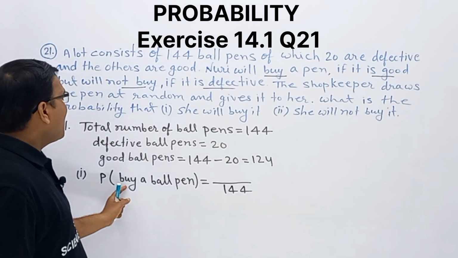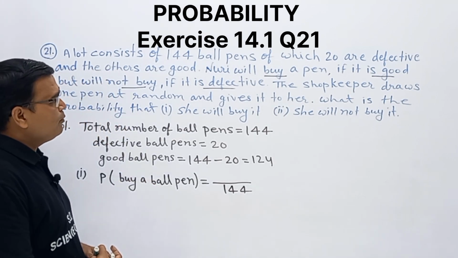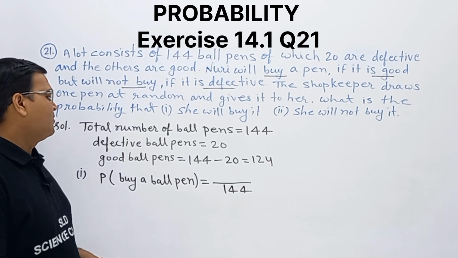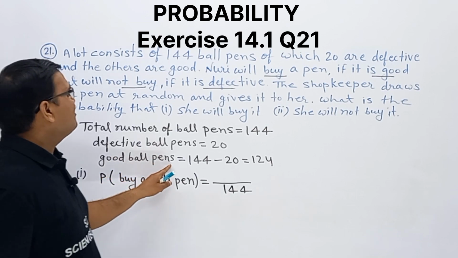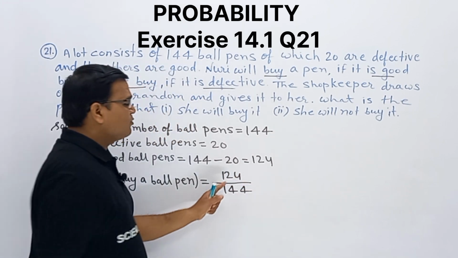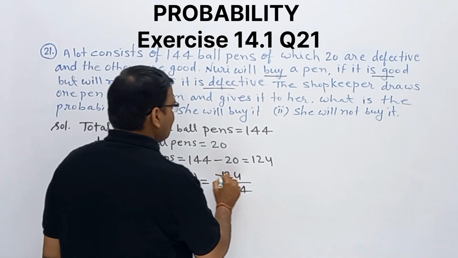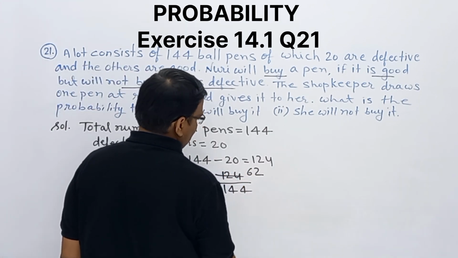Clear? She will buy a ball pen if it is a good one. So good ball pens we are having 124, so number of favorable outcomes will be 124.